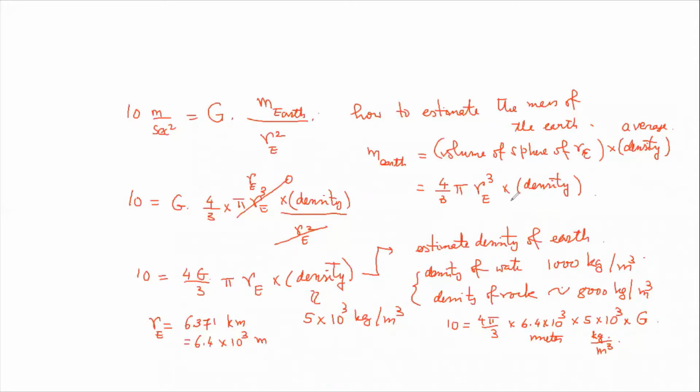And of course, on the right hand side, this 10 is actually 10 meters per second squared. So we plug this all in now, and let's see what we get.